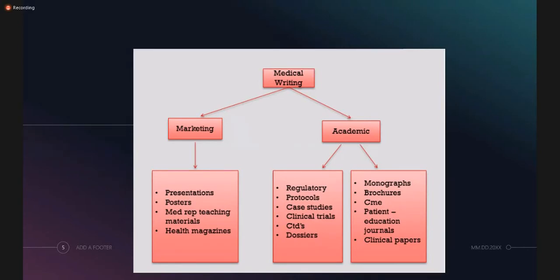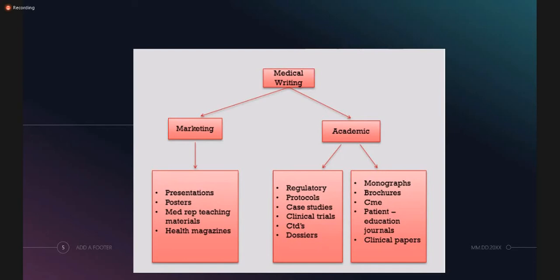For example, the NCOC, National Command and Operation Center in Pakistan for COVID-19, from time to time published guidelines for Corona SOPs.